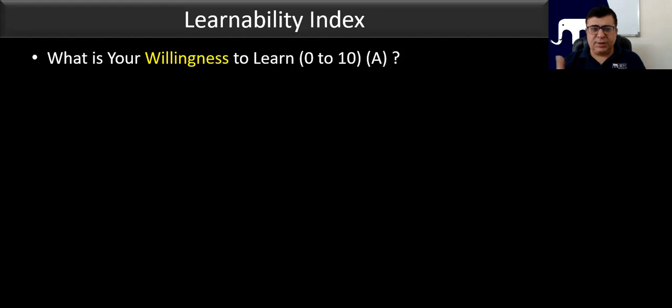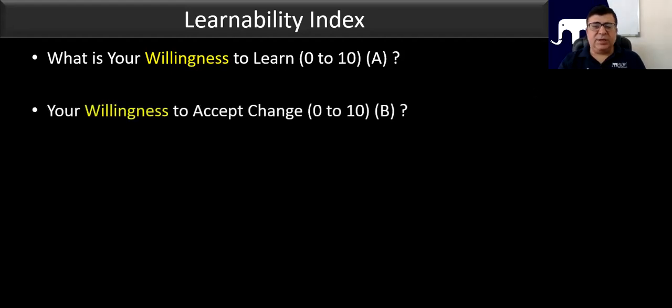Okay, done? Great. Now the second thing which I would request you to do is rate your willingness to accept change on a scale of 0 to 10. So it's like, okay, my life is going on very peacefully and I don't want to change anything in my life.